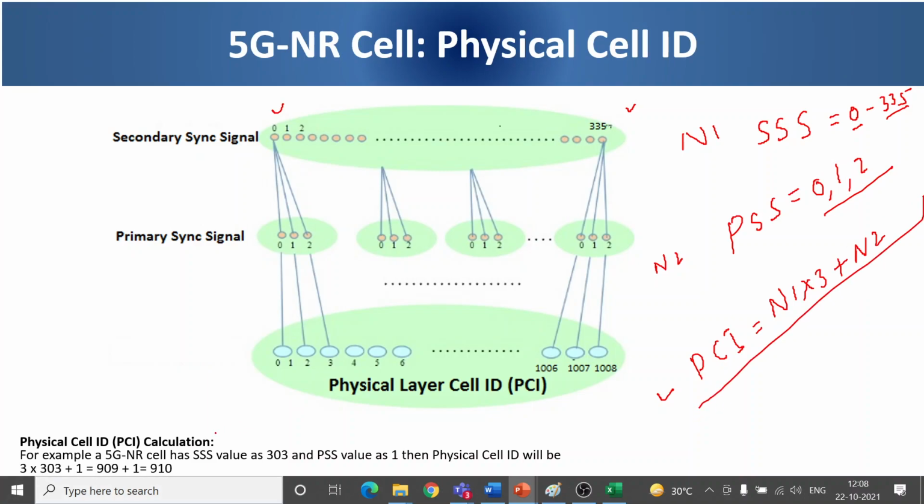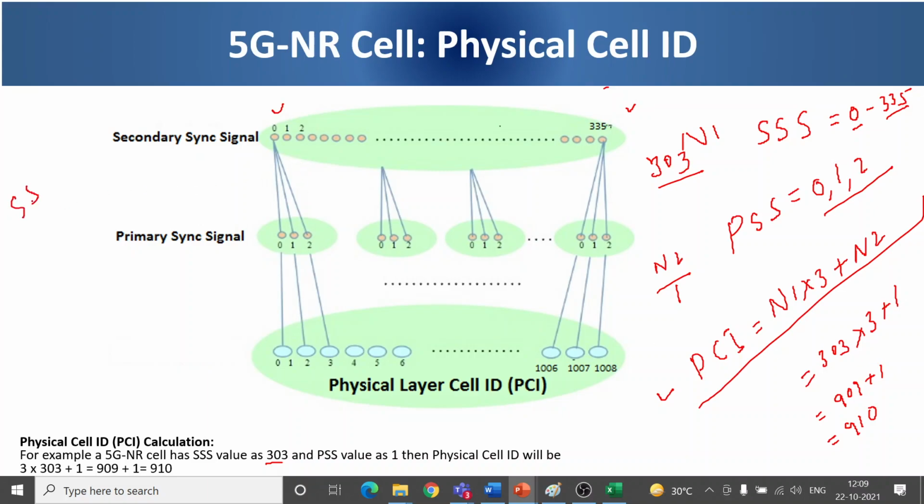Suppose N1 is 303, and N2 is, say, 1. What will be the PCI? It will be 303 into 3 plus 1. That means 909 plus 1, which is 910.